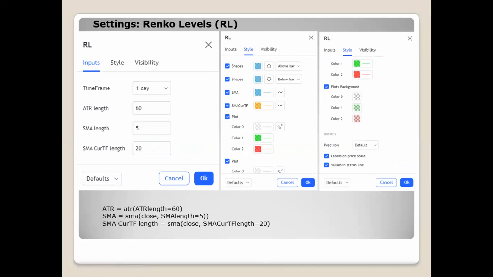Now, a little bit of the internal details of how this ATR is calculated. We have built-in functions in TradingView, so we can directly call the ATR. If you want to know more about what this ATR is doing, go to the TradingView documentation, where you will get a lot of internal details about all the APIs they are using.